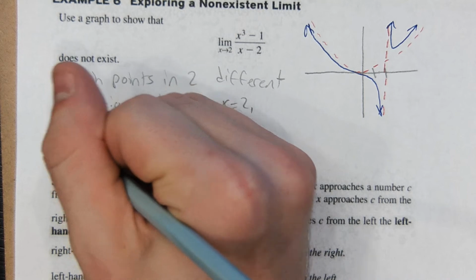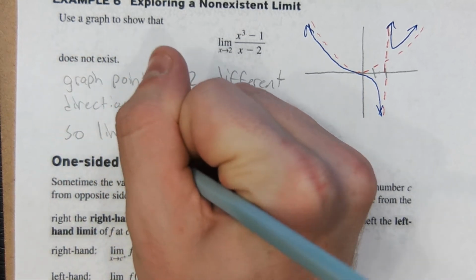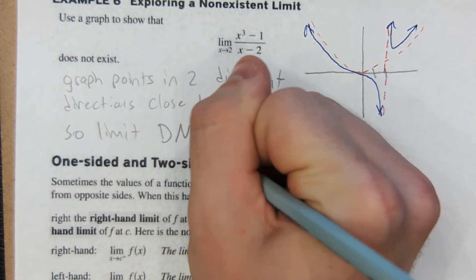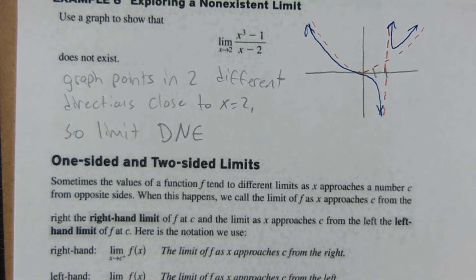So we say the limit does not exist. There you go. See, what we've done here is we've kind of sort of defined what a limit actually is. I mean, last video I showed you approaching x's from both sides, and I was very careful to do that. Well, this is why.